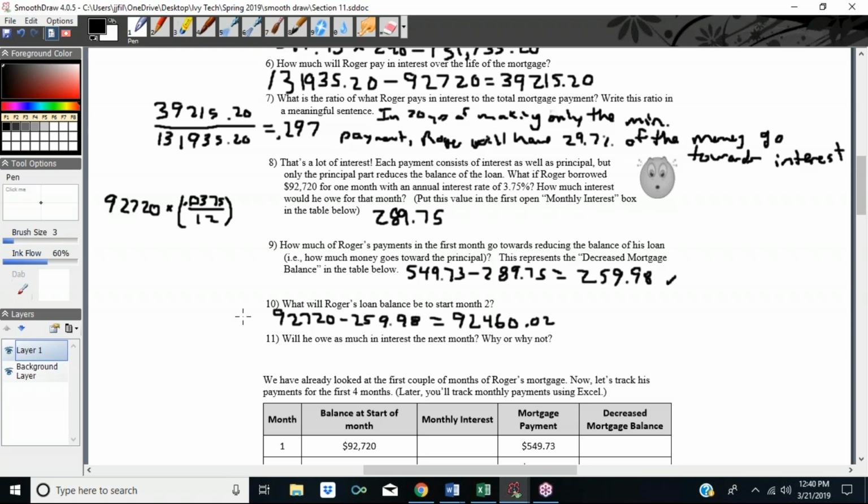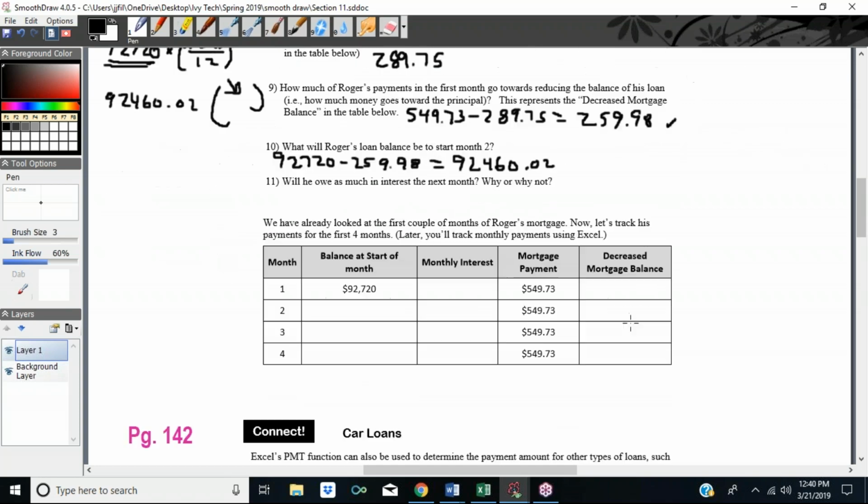Yeah, the balance went down, right? So instead of doing the 92,720 here, we're going to do the 92,460 and 2 cents times that. So it's going to go down a little bit. That means that he's going to pay less in interest on the next payment, and more of the money is going to go towards the principal, right? The principal balance is lower.